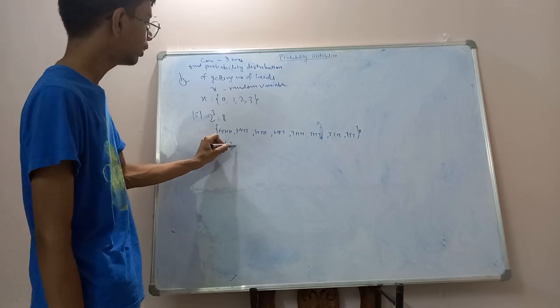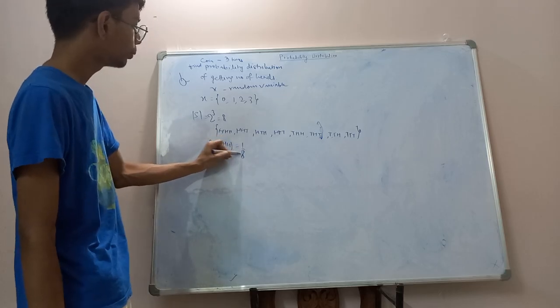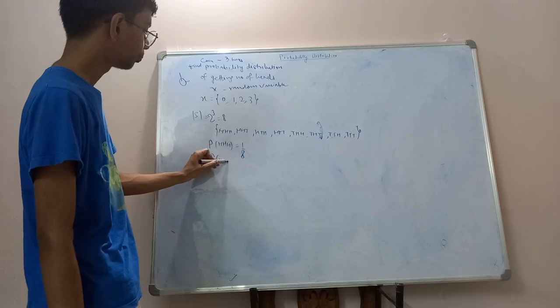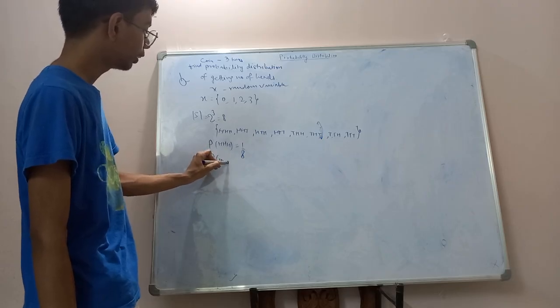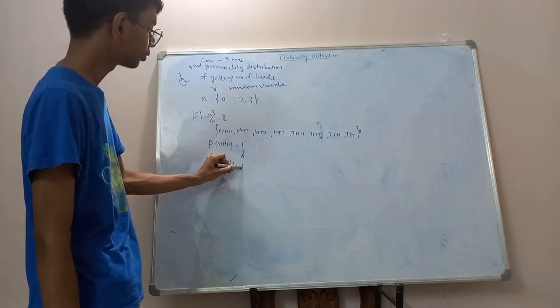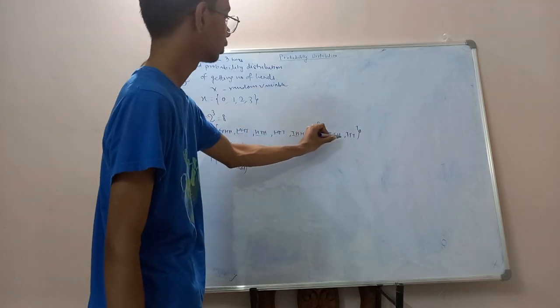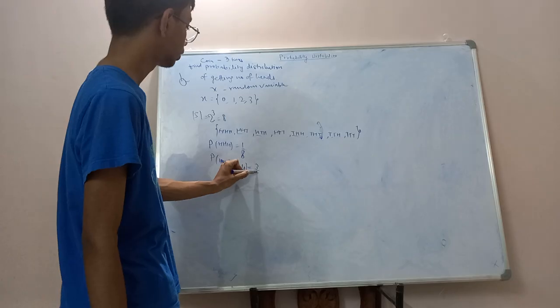Now what I need is the probability of getting all 3 heads. It is clearly 1 by 8. Probability of getting 2 heads: there are 3 such outcomes, so it will be 3 by 8.